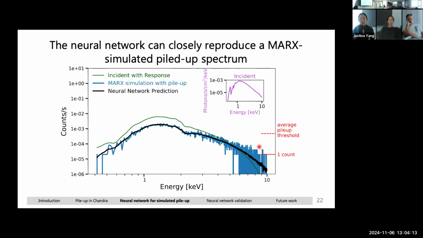Right now, this is just a comparison: this black line seems consistent with the mean spectrum that you would predict, knowing how much noise there is in the spectrum. So I don't have a plot that shows the overlay of the different MARX realizations compared with the neural network.